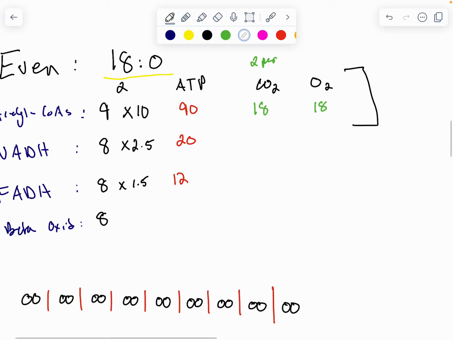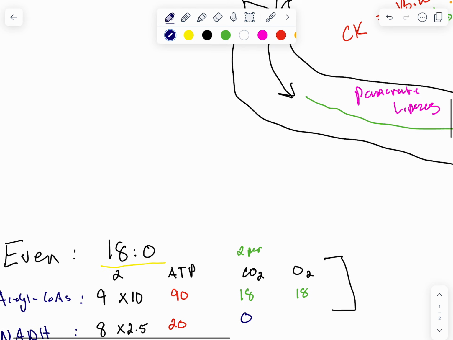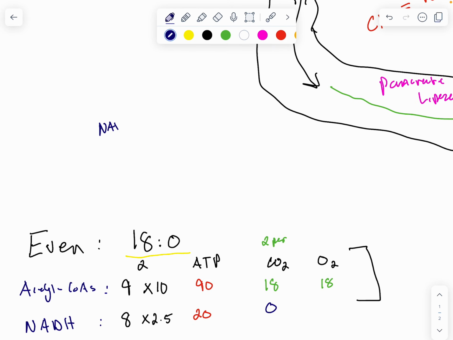And what we also need to know is we really don't produce any CO2 with redox reactions. However, we still consume oxygen because if we remember, for a redox reaction, we are consuming 1/2 of an O2 per redox reaction.